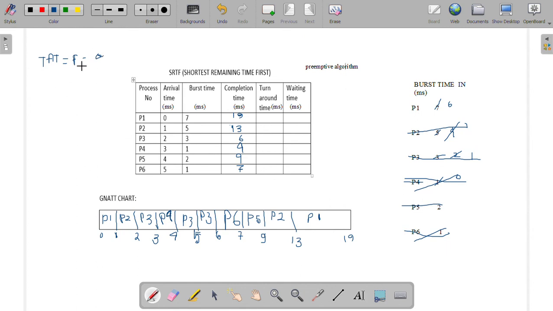So finishing time minus arrival time. Okay.